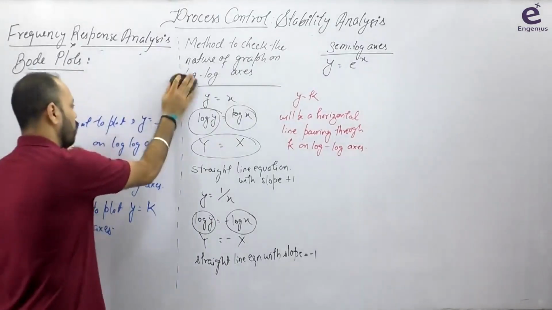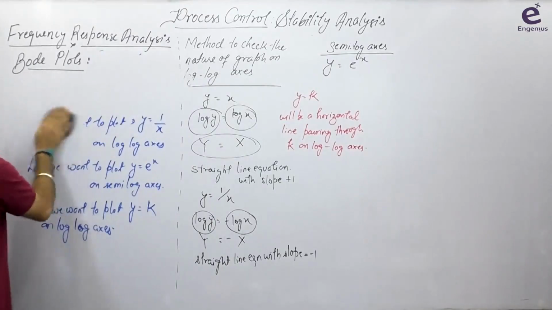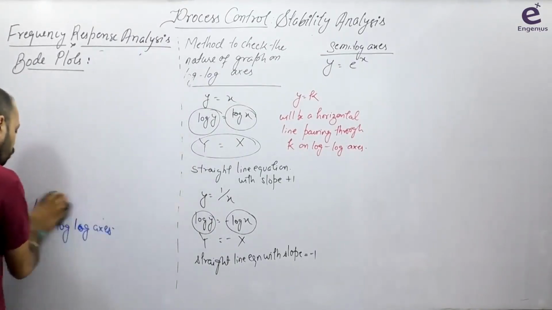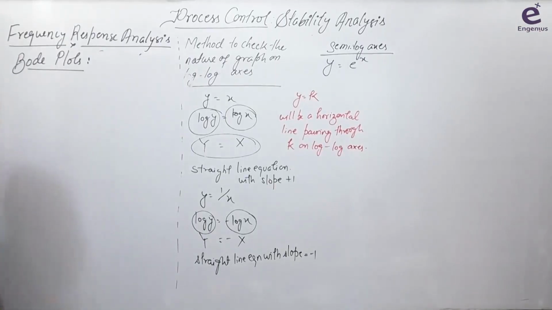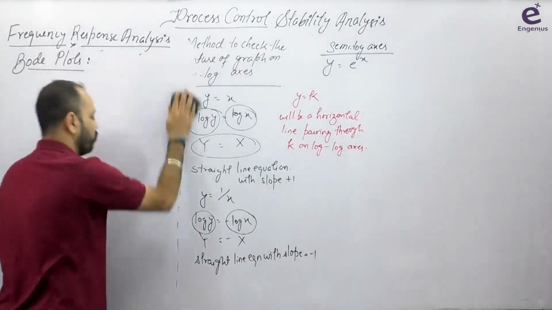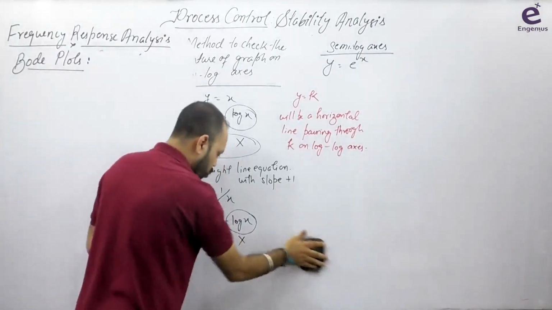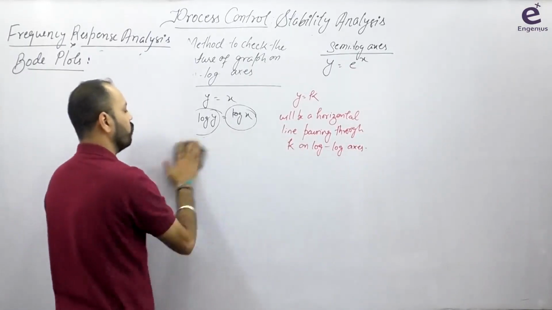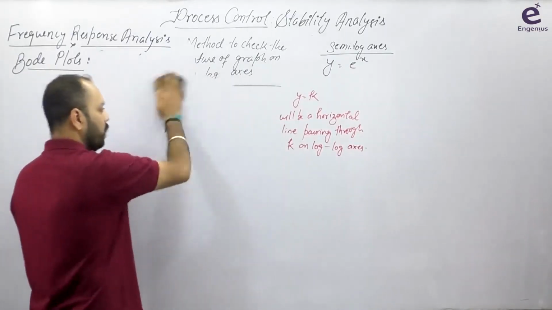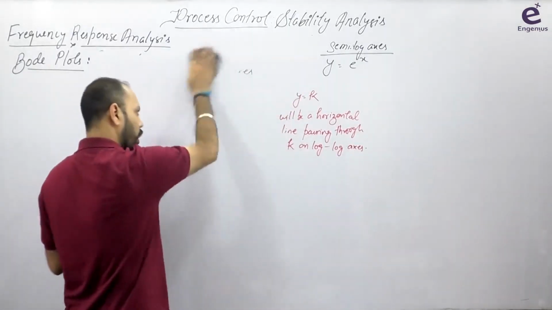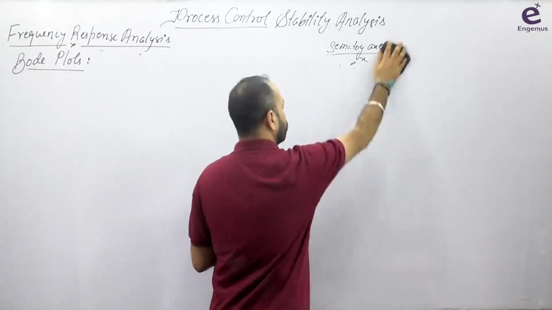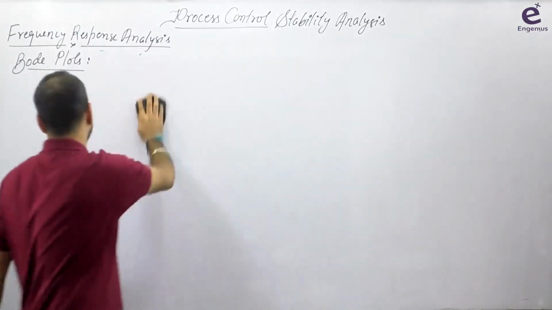Bode plots are made for all those 7 basic transfer function components I told you, for which we found AR and phi. For the same basic transfer functions, I am going to make the Bode plots also. And just like we found AR and phi for an overall transfer function, we will also make the Bode plots for an overall transfer function. Fine.